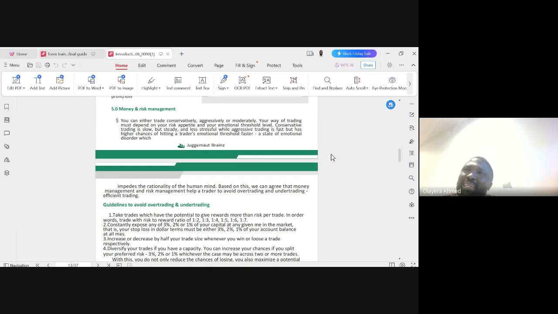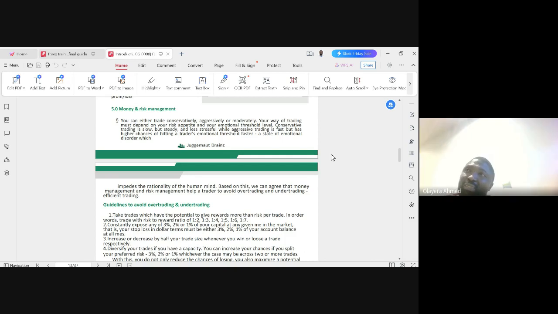I remember it was around $500. The dollar was not as strong as it is now against the naira.